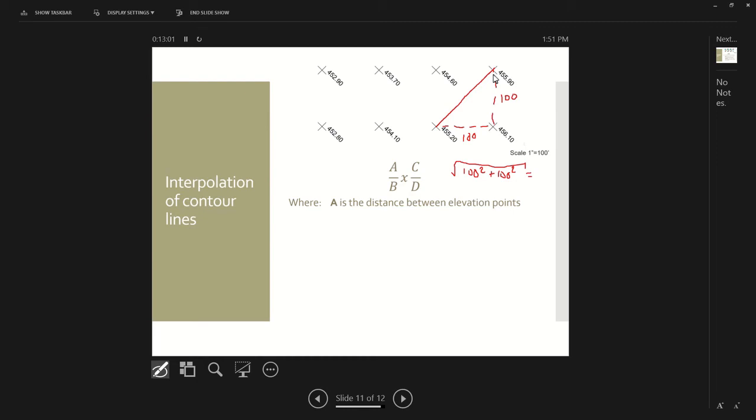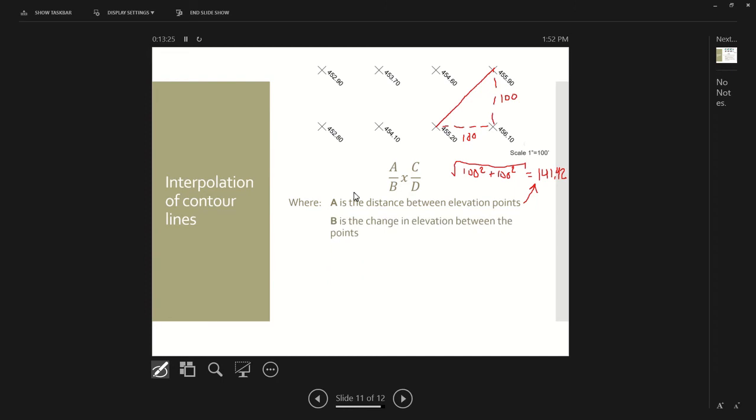That distance just so happens to be 141.42. So my distance along there for A is 141.42.